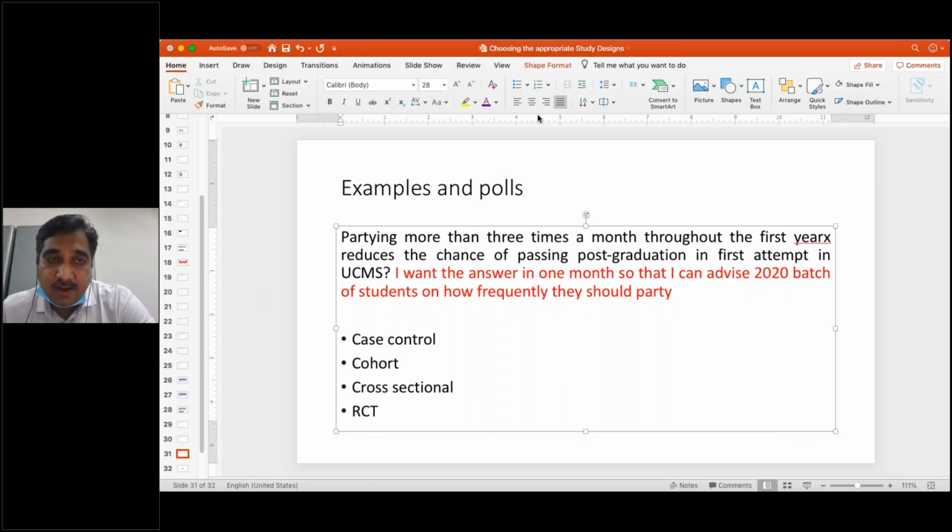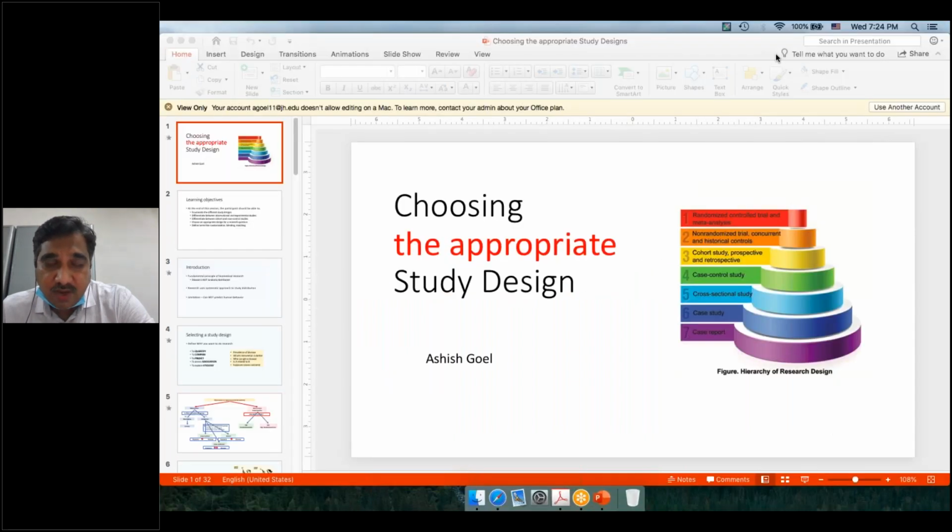Our sessions should not be considered as a replacement for what you learn from your guide and co-guide. There might be differences in understanding a particular topic, as we are telling here, and as you will be discussing with your guides and co-guides.